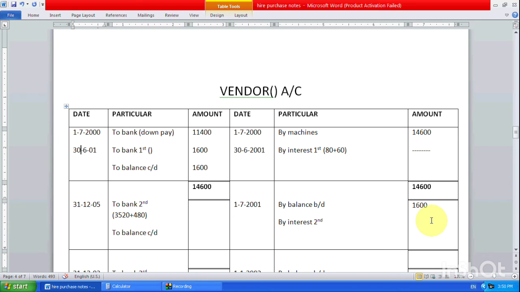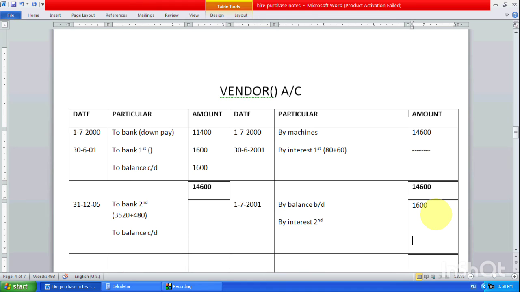Now here no need to take interest because we have already added interest to the installment. Now to bank. Delete this working note. Here write interest for 2 years, 40 plus 20, overall 60. It is already included in the installment.